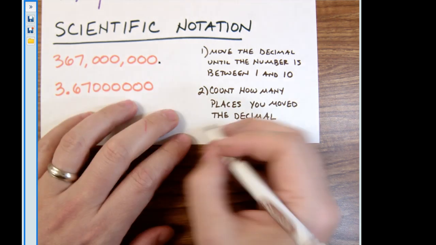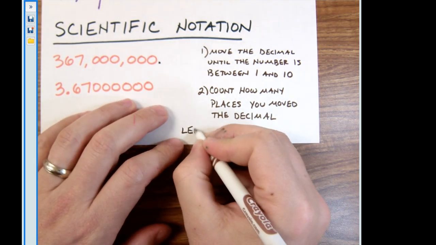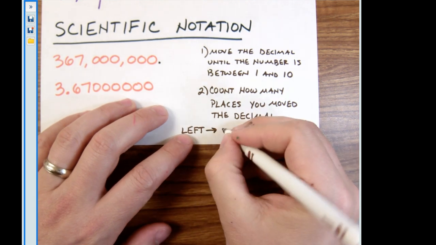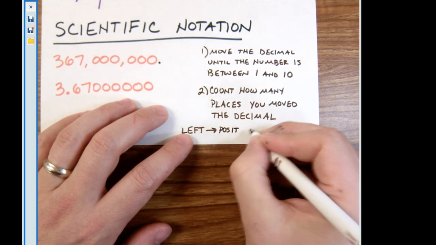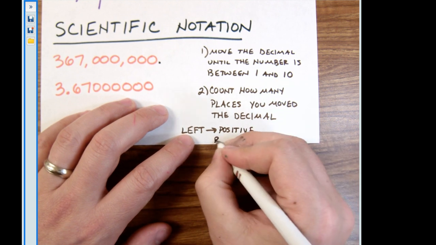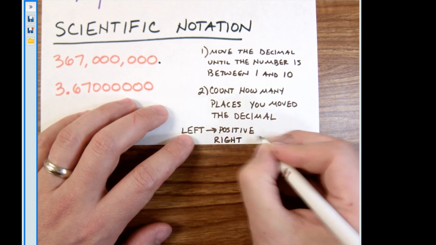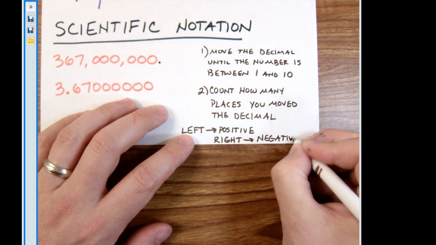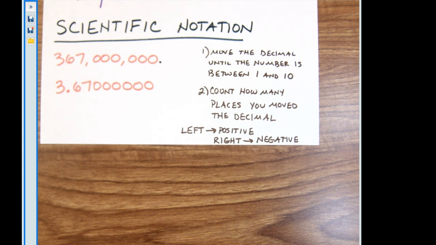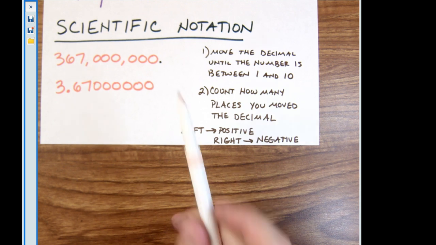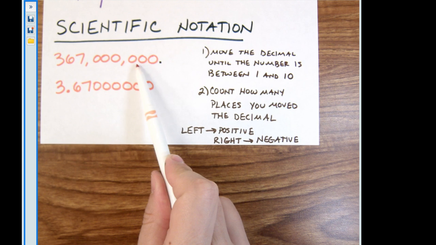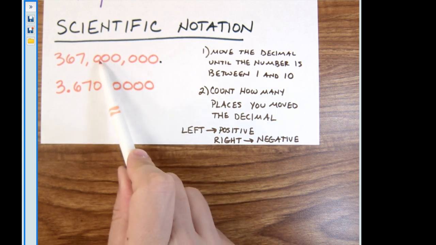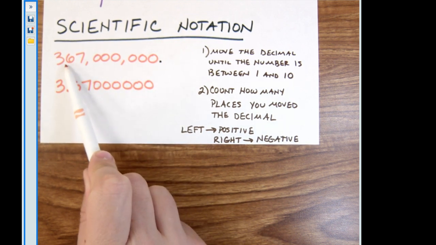If the decimal moves left, it's a positive number. If the decimal moves right, it is a negative number. So in my original number, which was 367 million, I now have the number 3.67. How many times did I move the decimal? Well, I moved it 1, 2, 3, 4, 5, 6, 7, 8. I moved it 8 times.